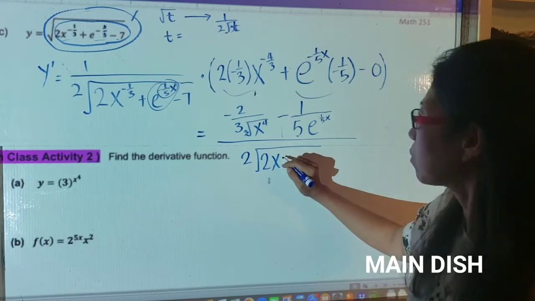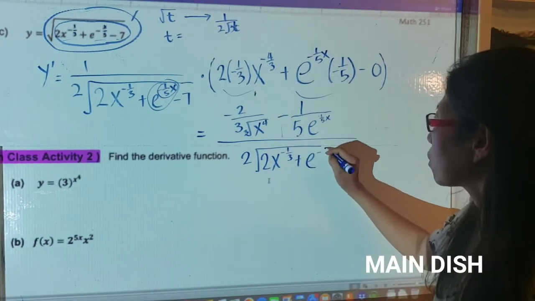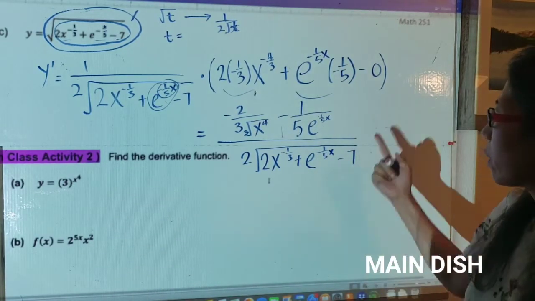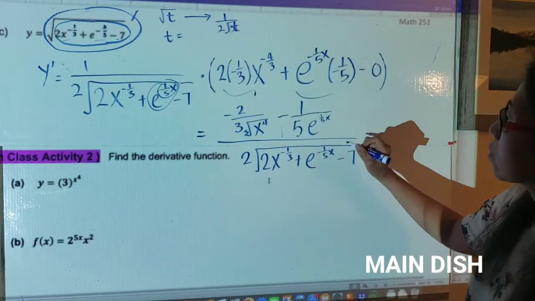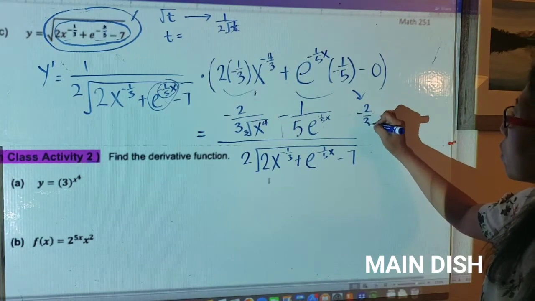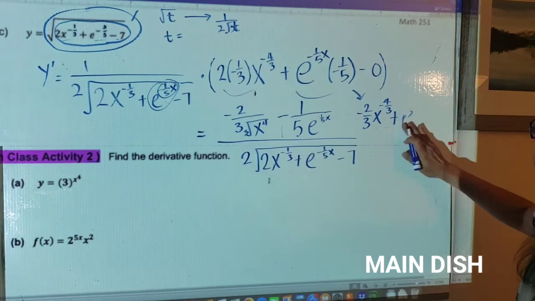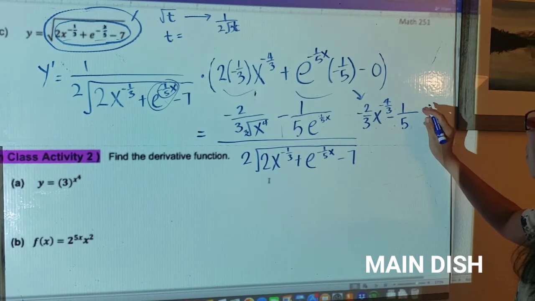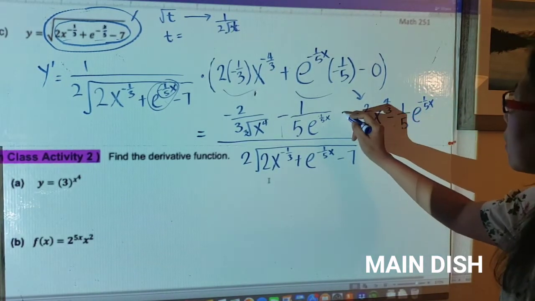I think we should just keep it negative. Negative 1/3 plus e to the negative 1 over 5x, because that looks longer and bigger. So I wonder if you should just keep the top two. Yeah, you could just keep the top if you organize it. I will help you. Negative 2 over 3 x to the negative 4 over 3 plus negative 1 over 5 e to the negative 1/5 x.